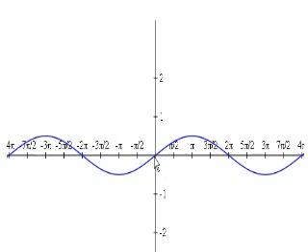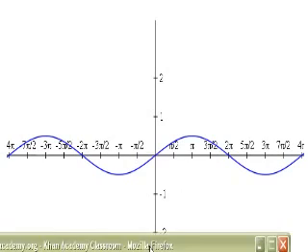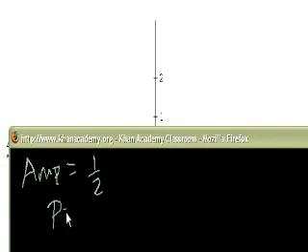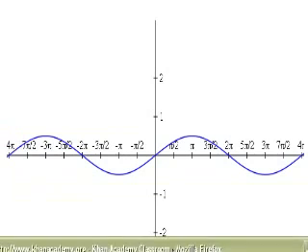If we start here, it looks like it completes only half a cycle, right? Because it takes 4 pi radians to complete the entire cycle. So it only completes half a cycle. We could think of it either two ways. We could say that the period is equal to 4 pi, because that's how long it takes to complete one cycle. Or we could say it can only complete half a cycle within 2 pi radians.